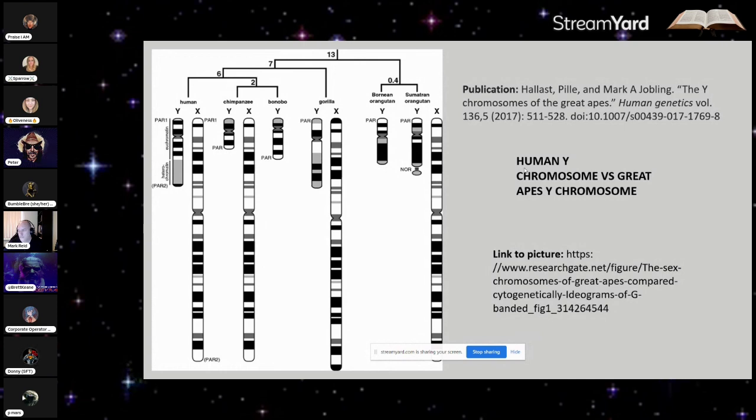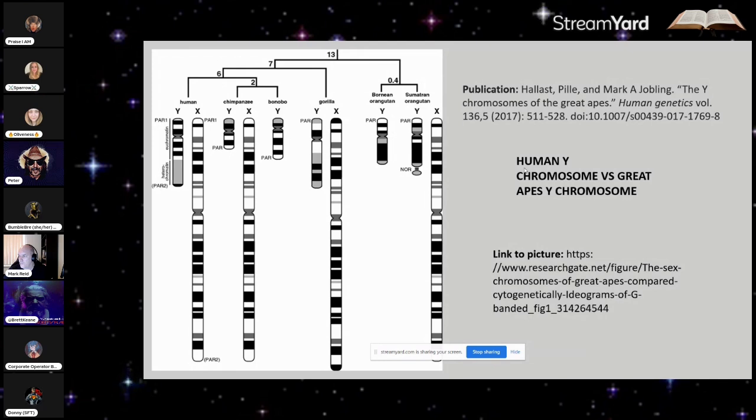So here's one data point that I find to be fascinating, and it has to do with your Y chromosomes of the great apes, so your humans, chimpanzees, bonobos, gorillas, orangutans. And so the Y chromosome, as we know, is uniparentally inherited DNA. It doesn't experience recombination.